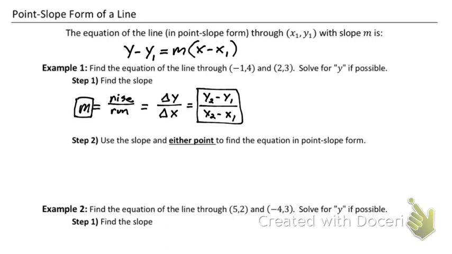Now, pay attention here. There is no mathematical principle that says this is my y2 and this is my y1. There's nothing that says that. Generally speaking, we take whatever second point is, we call it our second point. We take whatever our first point is, and we make that our first point. The only thing you have to concern yourself with is, see how this is y2 over x2?